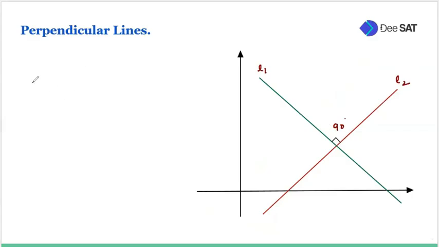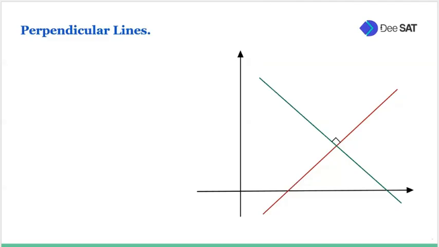So the property of perpendicular lines is that the slope of line 1 is the negative reciprocal of the slope of line 2, which can be equivalently said like this: the slope of line 1 multiplied by the slope of line 2 will be equal to negative 1. Both are correct.